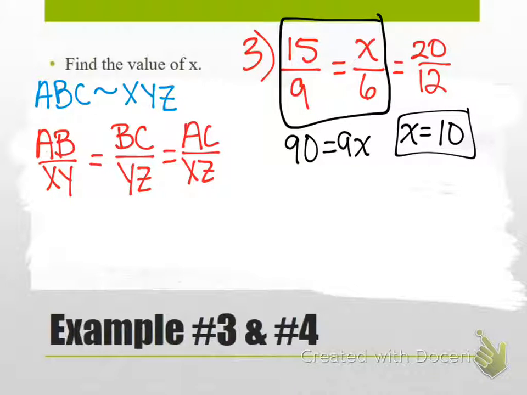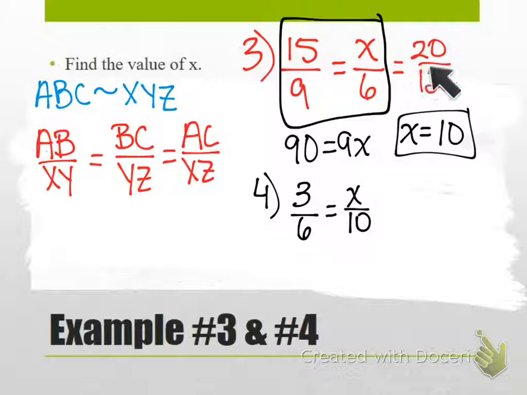Questions about number 3? Okay, let's go to the next one. Again, we can use the same proportionality statement that we made here. So what is AB? 3 compared to XY equals, what is BC? Again, it's x, and YZ is 10.